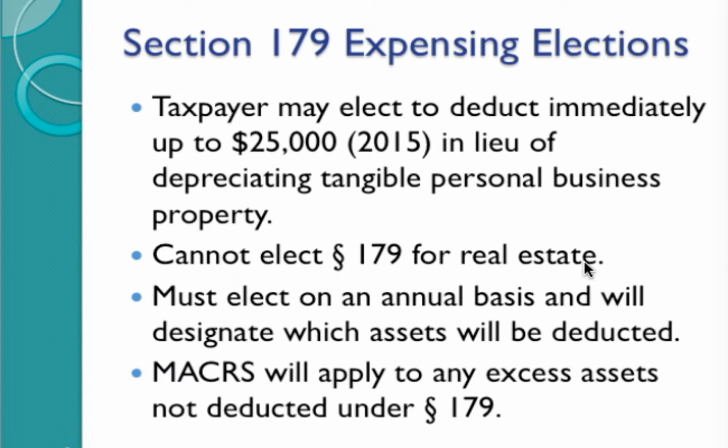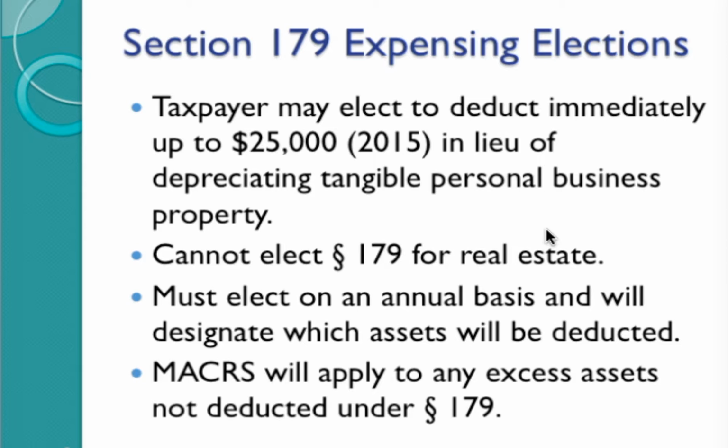Under Section 179, you were allowed to expense up to $25,000 in 2015. It was significantly higher in recent previous years, but you are able to make the election to immediately deduct up to that amount of personal business tangible property. Because of the designation there, you're not allowed to use that for real estate.